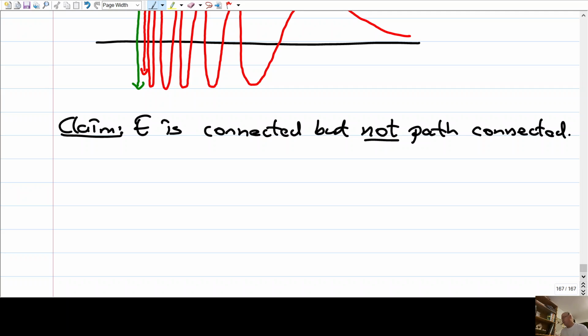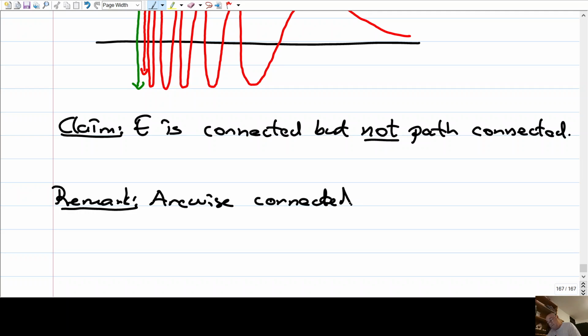All right. We proved that any arcwise or pathwise connected subset is connected. Remark: arcwise connected equals pathwise connected or path connected.